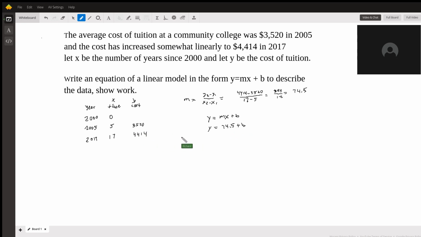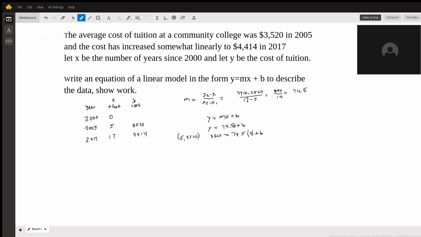So I'm going to use the point 5 comma 3520. We're going to use that point to figure out b. So 3520 equals 74.5 times, sorry, x. X is 5 here, plus b.